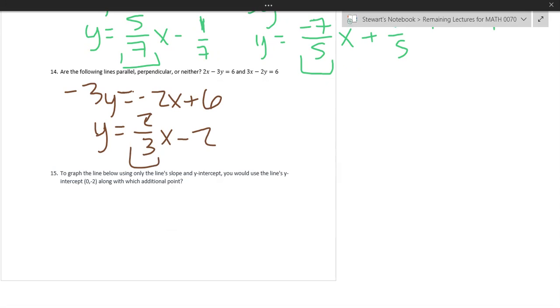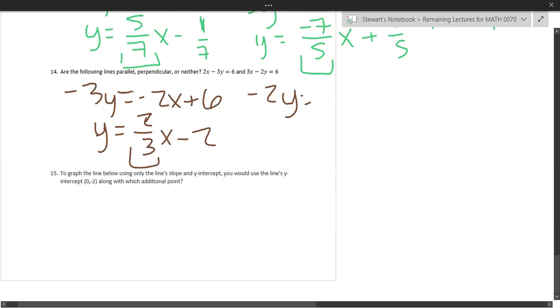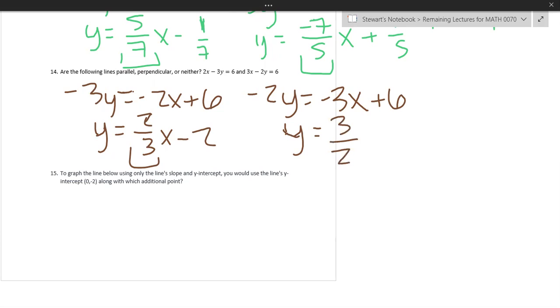Then for this one, we have -2y is equal to -3x plus 6. So y is equal to 3/2 x minus 3. So if you notice here, we have 2/3 compared to 3/2. The slopes are reciprocals of each other, but they're not opposite reciprocals and they're not the same. So these ones are neither parallel nor perpendicular.